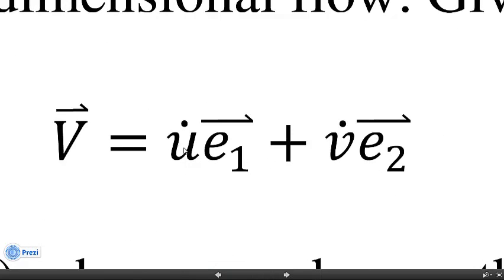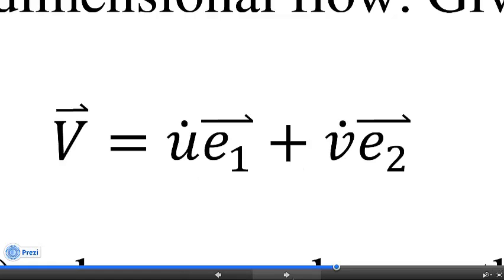We assume that within the representative window, material flow is described by two velocity components only, u dot and v dot. And since this area doesn't change, we can conclude that the divergence of the material velocity field inside the representative window is zero.